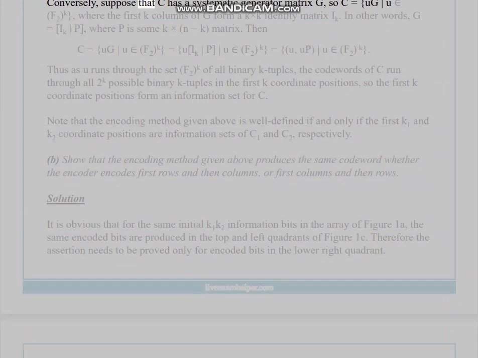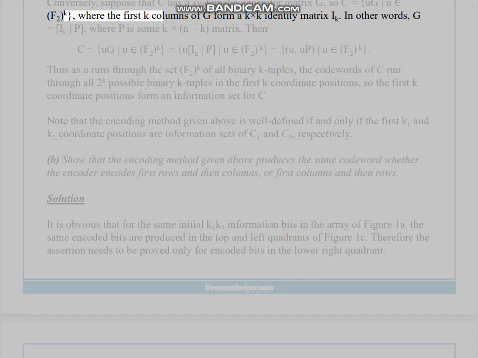Conversely, suppose that C has a systematic generator matrix G, so C equals {uG, u in F2^K}, where the first K columns of G form a K times K identity matrix IK. In other words, G equals [IK P], where P is some K times (n minus K) matrix.